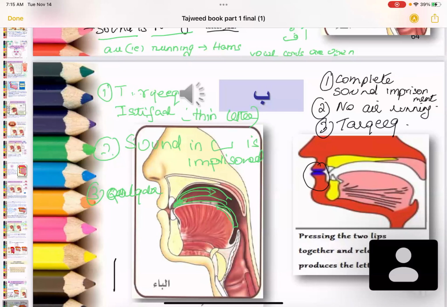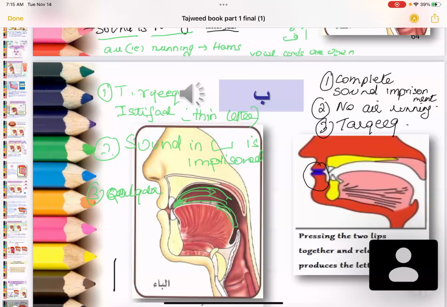It's not a mere touching of the lips for ba. The lips are shut tight to get ba. So how do I make that out? I use the rule of thumb, which is hamza and ba. Give the ba sukun and say ab, and see how much pressure you're putting between your lips to articulate the sound of ba.